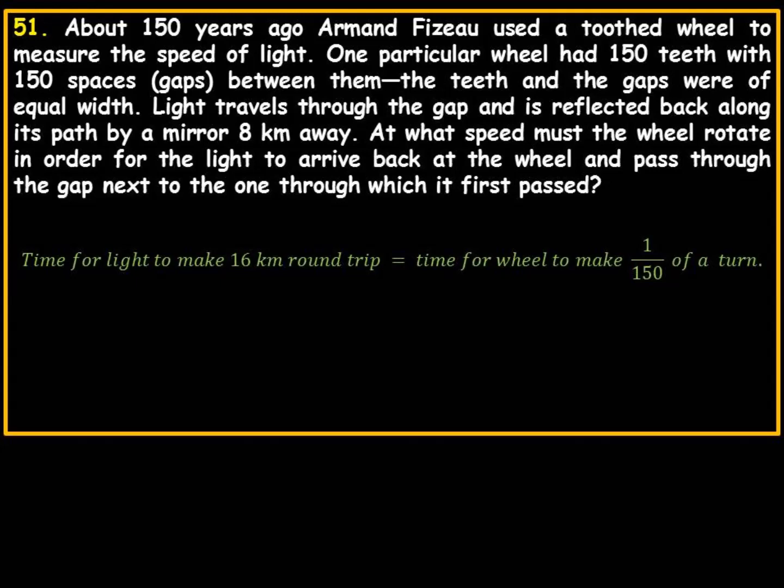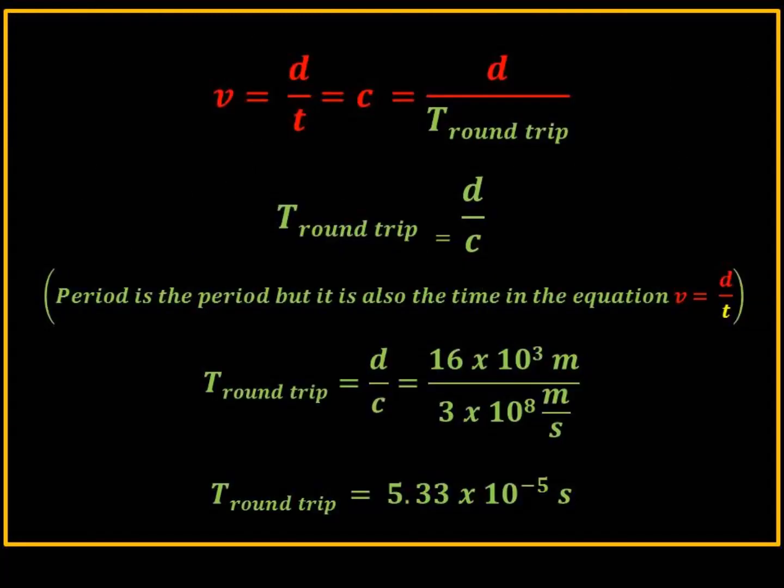So the first equation we're going to use is: time for light to make the 16-kilometer round trip equals time for the wheel to make 1/150th of a turn. So what is the amount of time the light takes to make one round trip?